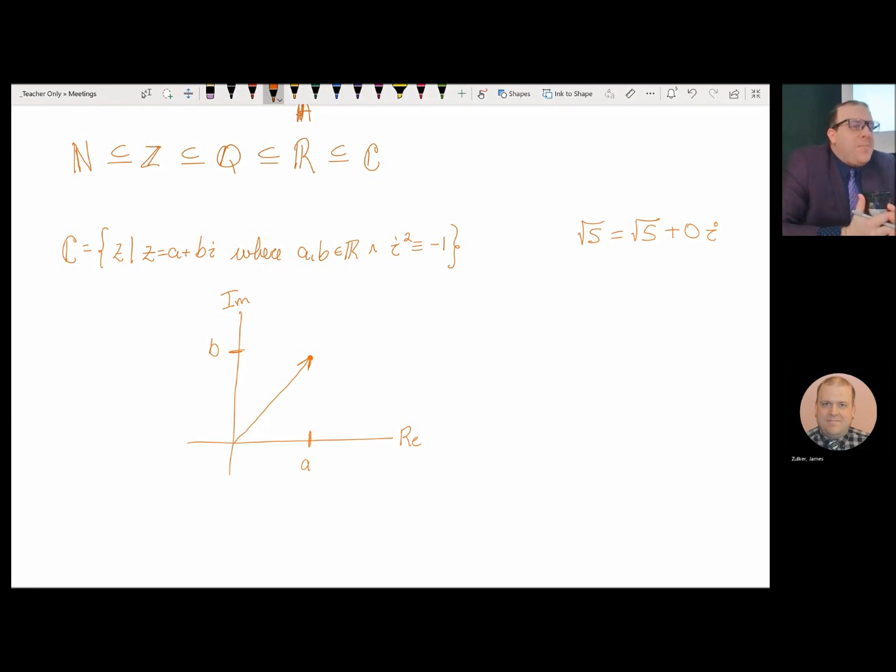This is where the fun gets. There are number systems beyond the complex numbers. What comes after the complex are called the quaternions. Right, those are numbers of the form a plus bi plus cj plus dk. And then there are conditions on the j and k.